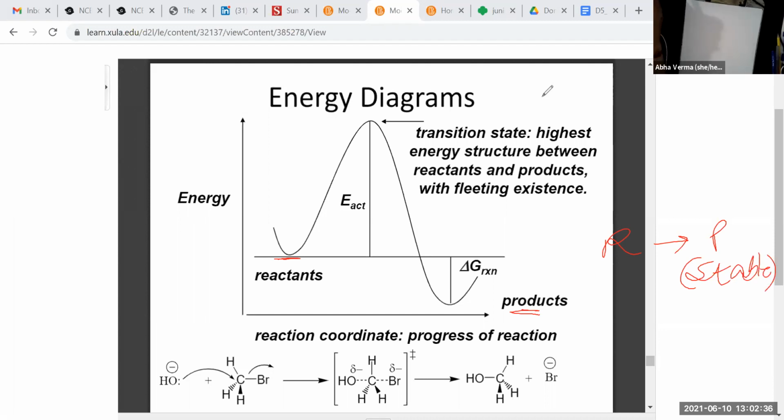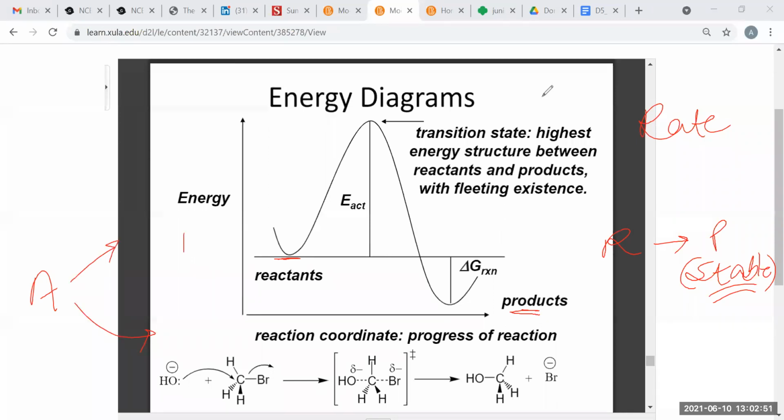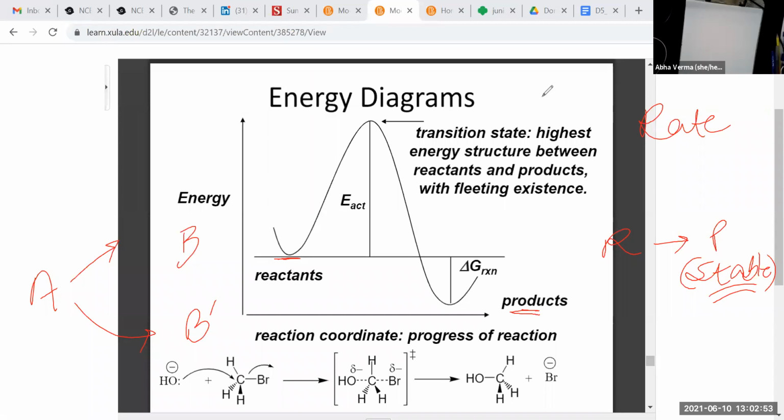From now on, we will not only look at the stability, we will also have to look at the rate. So if you have two pathways, A going to B from one pathway and A going to B from the other pathway, which of these will be faster? This is what your activation energy describes.